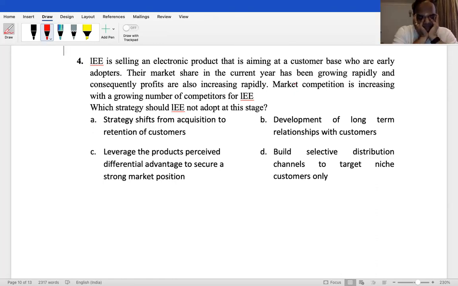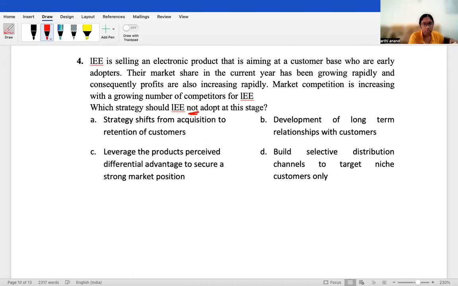Which strategy should 1EE not adopt at this stage? A. Strategy shifts from acquisition to retention of customers. B. Development of long-term relationship with customers. C. Leverage the product's perceived differential advantage to secure a strong market position. D. Build selective distribution channels to target niche customers only.